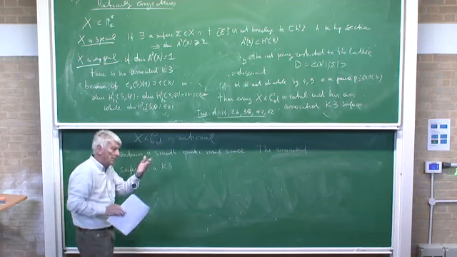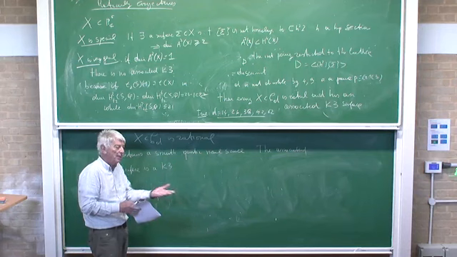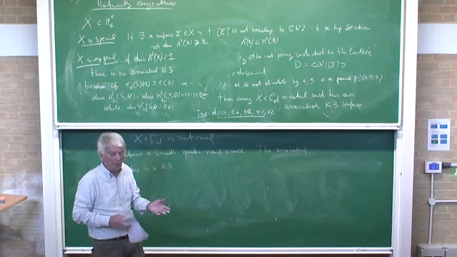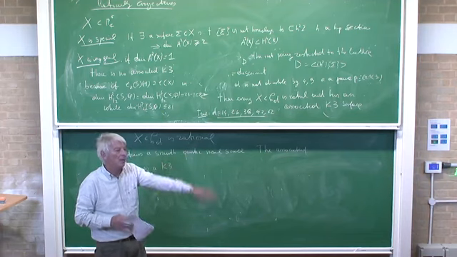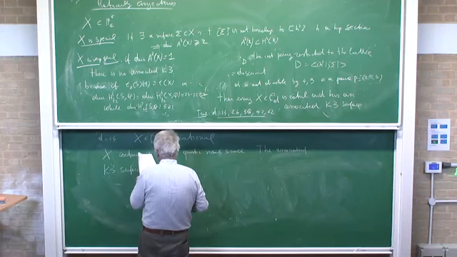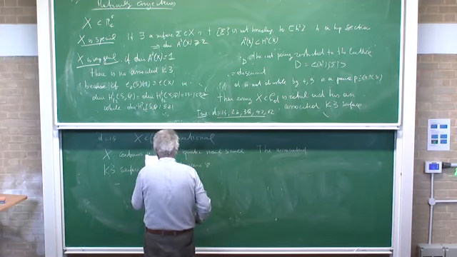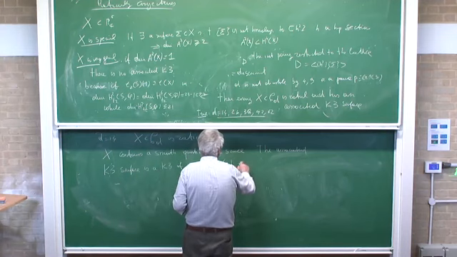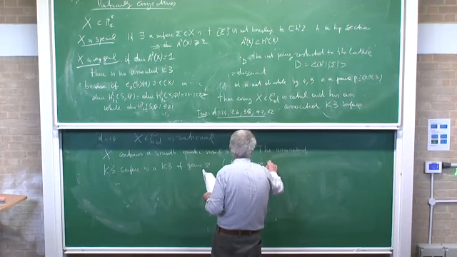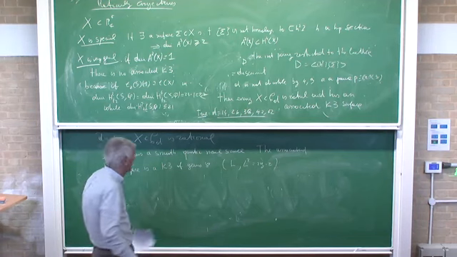Remember, all these K3 are polarized, so they have a genus that depends on the square of the line bundle that gives the polarization. It's a K3 of genus g. That means it is polarized by some L such that L squared is 2g minus 2. That's what I mean by the genus of a K3 surface.